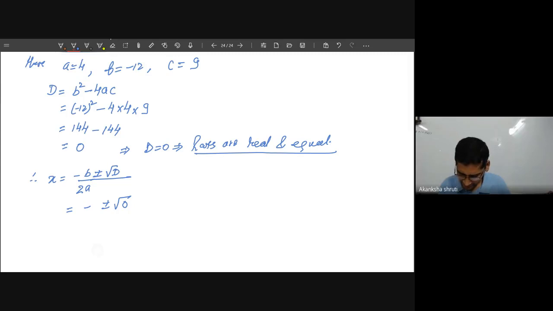Our b is minus 12, by twice of a, our a is 4. So it is how much, student? Numerator is simply 12, plus minus 0 means it will give us only one value. Nothing is going to be added or subtracted. Divided by 8.